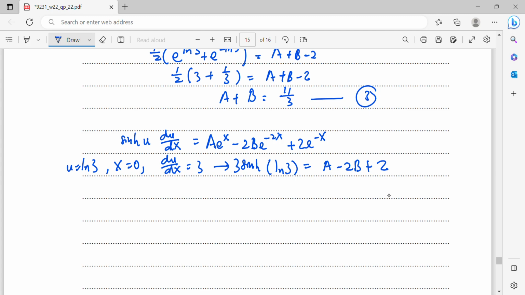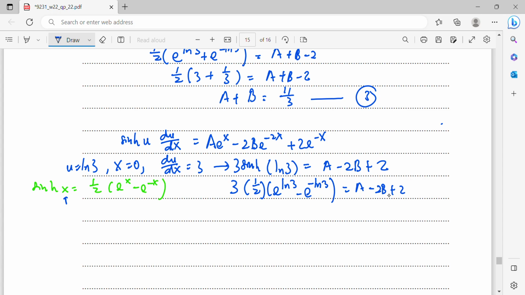Okay, so now again, use back the definition for sinh. We know that sinh x is half of (e^x - e^(-x)). This is the definition for sinh. So what to do here is 3 sinh(ln 3). So change the x to ln 3. I will get half (e^(ln 3) - e^(-ln 3)) that equals A - 2B + 2.